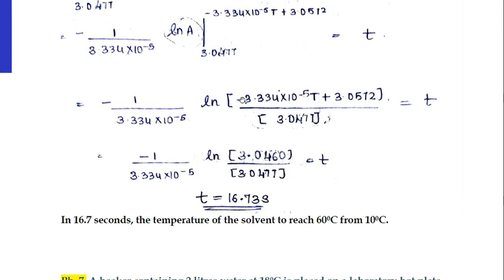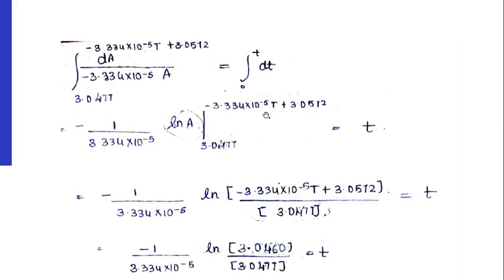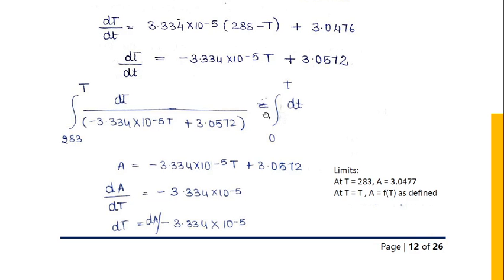So you have 1 by (a plus bx). In that format, the integral is 1 by b ln of (a plus bx). Similar to that, you have the solution here, right? The b term you have to take first, that is minus 3.34 times 10 power minus 5, right? So ln of those two terms with the limit 283 to T, right?